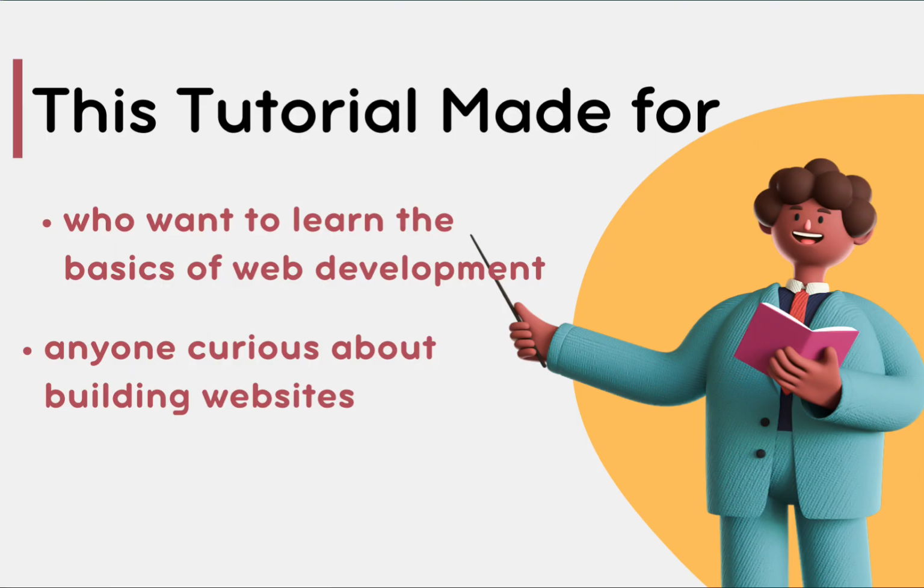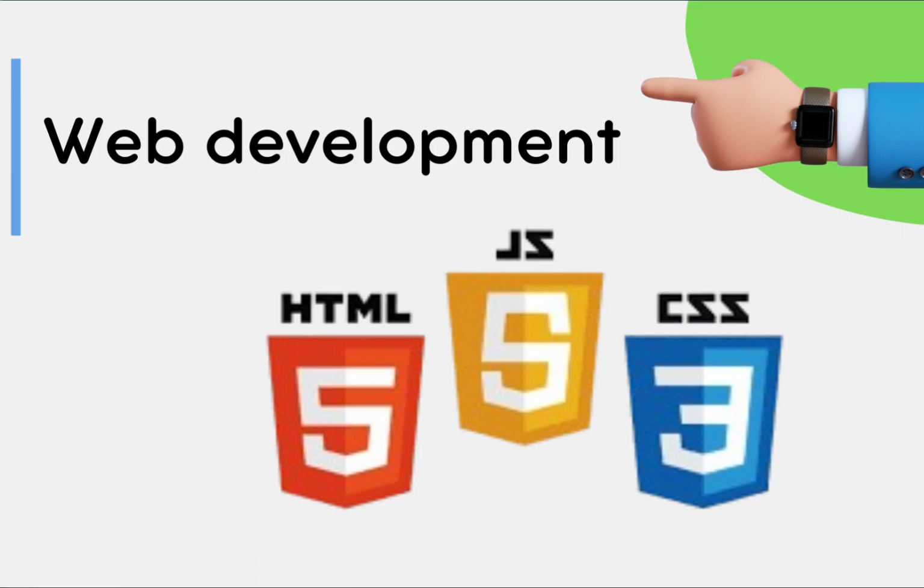First of all, let's give an overview of web development in general. So in web development, we have three core technologies that everyone needs to learn. The first one is HTML, and you can think of HTML as the skeleton of a website.